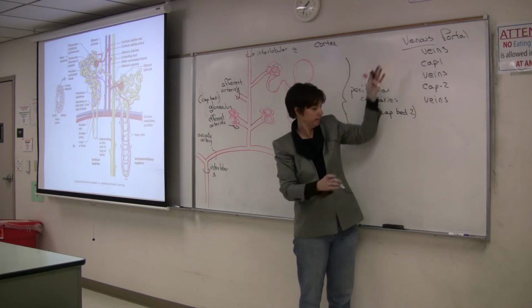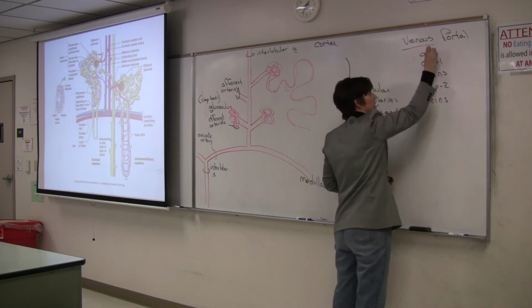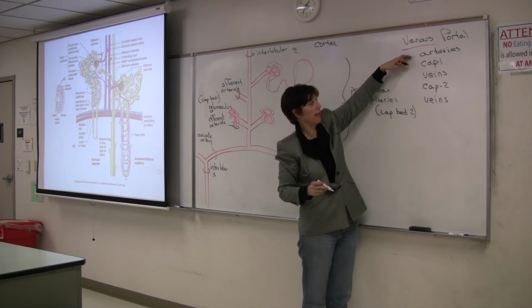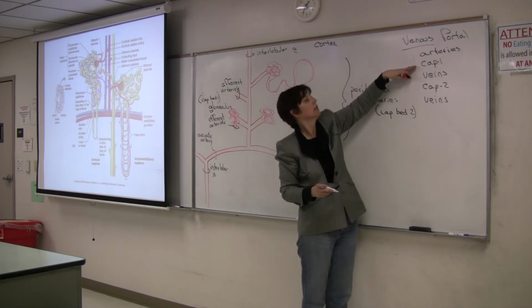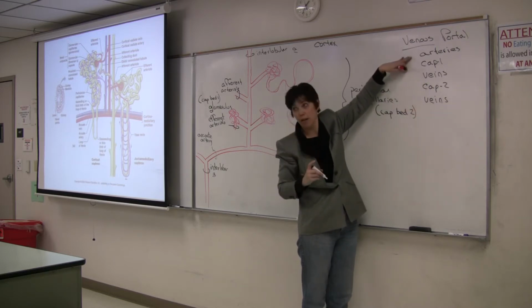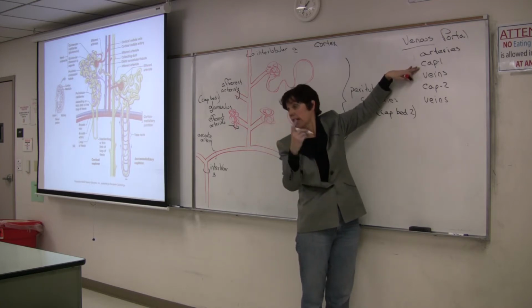Oops, I'm sorry, did this wrong. Arteries. So arteries coming into the hypothalamus will form the capillaries, and then veins, and then capillaries, and then veins. And in the digestive system, arteries going to the small intestine will form capillaries where those lacteals were that we talked about.